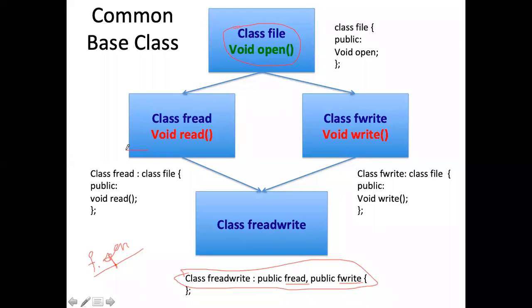So fread will have an instance of open inside it. And the same is the case with fwrite. fwrite is the derived class from class file, so an instance of open will come here as well, because open will be inherited by both fread and fwrite. So one instance of open is in fread, and one instance of open is in fwrite. So you again have two instances of open.